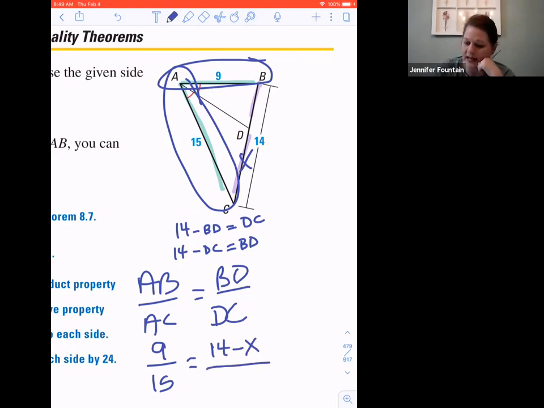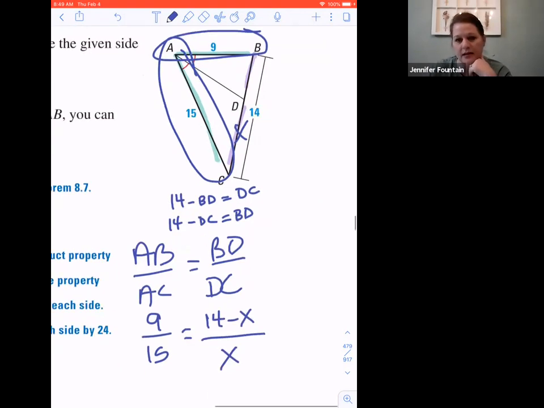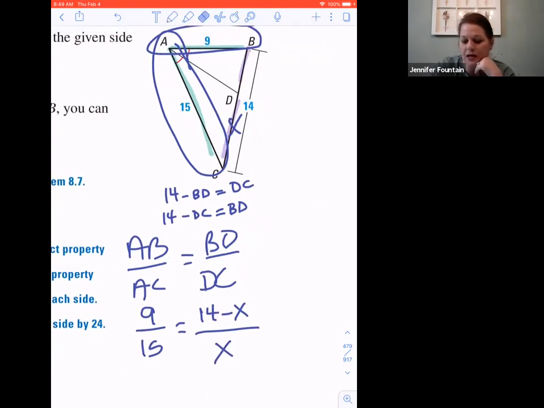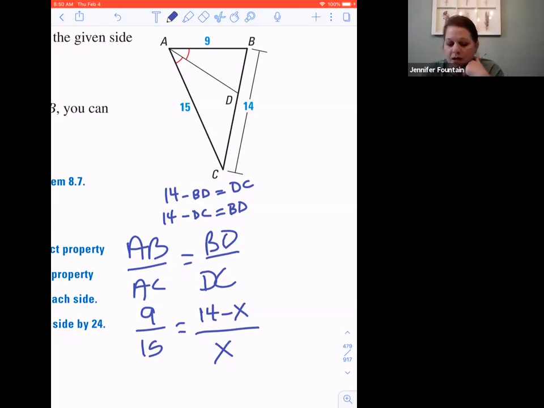Is everybody good with that? Since I do not know this measure or this measure, I'm going to let one of them be X, and then write something that uses X and 14.